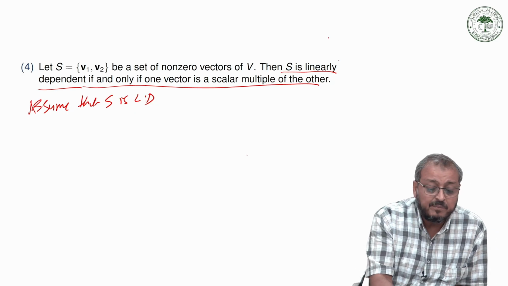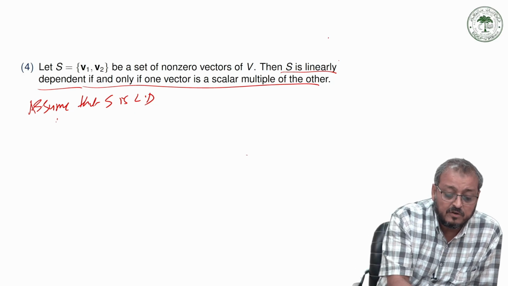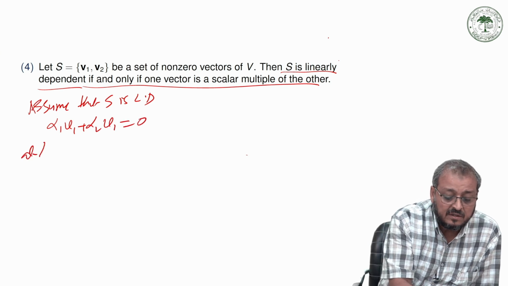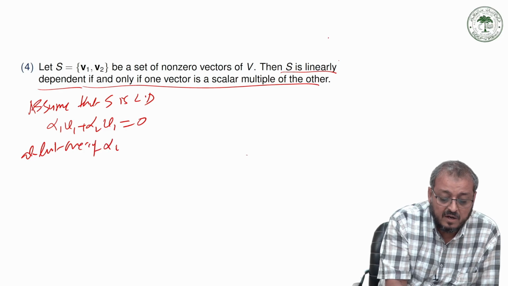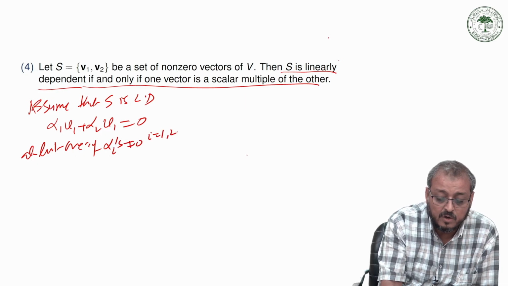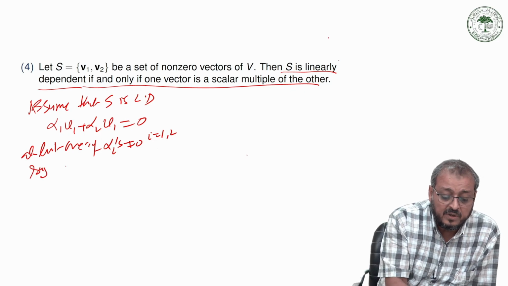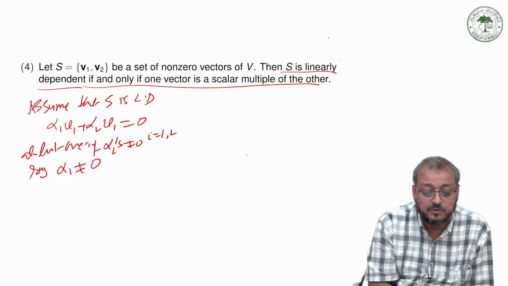If S is linearly dependent, we have a linear combination alpha 1 V1 plus alpha 2 V2 equal to the 0 vector, with at least one of the alpha i's, i running from 1 to 2, not equal to 0. So for the moment, assume alpha 1 is not equal to 0.